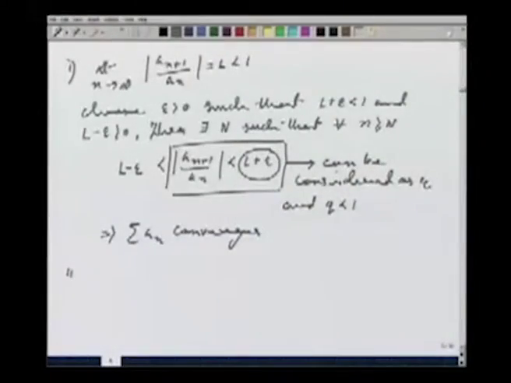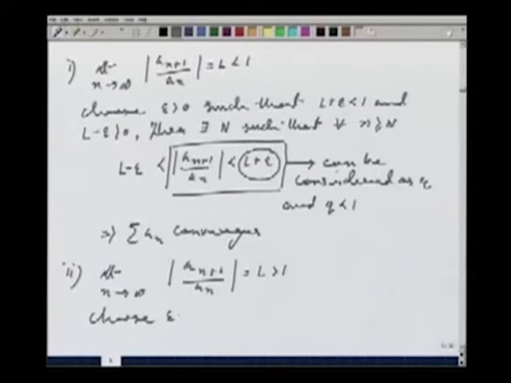Now let's come to the second part. This says that limit n going to infinity modulus of an plus 1 by an is equal to L, which is strictly bigger than 1. What I do is choose epsilon bigger than 0 such that L minus epsilon is strictly bigger than 1. Since L is strictly bigger than 1, I can always choose an epsilon such that L minus epsilon is also strictly bigger than 1 and epsilon is positive.